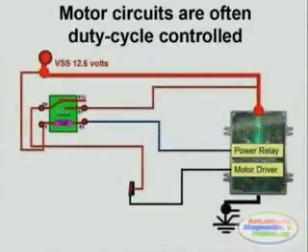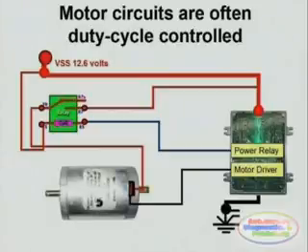Again, duty cycle control motors are employed in a very wide arrangement of different applications. In this particular case, we see how a fuel pump motor is controlled. Here you see a relay applying the voltage supply line to the motor.